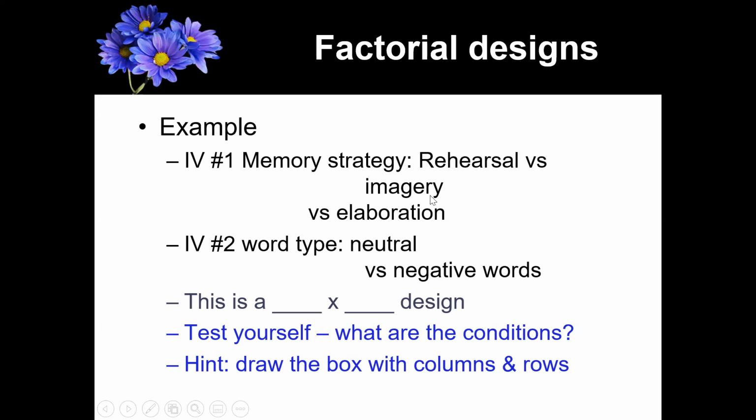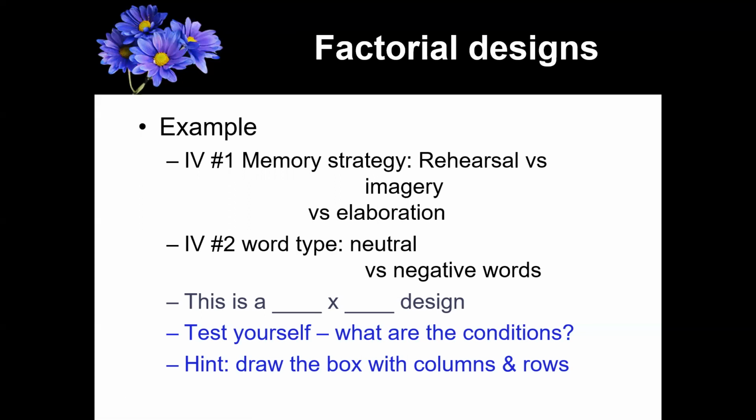So, okay, again, 2 independent variables. Neutral versus negative words, rehearsal versus imagery versus elaboration. Kind of working in reverse here, what would be the numbers we're going to put in here? One thing I'd recommend, pause the video and make yourself a box like we talked about.